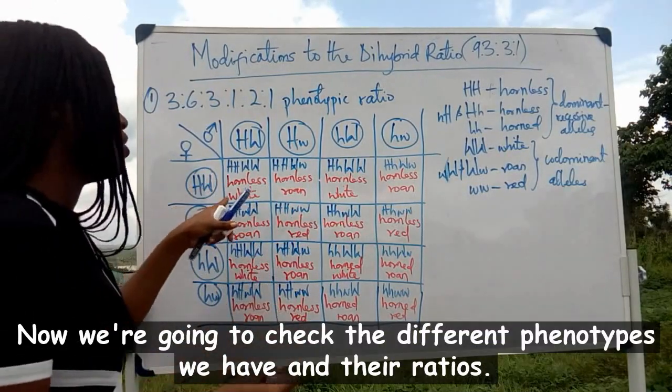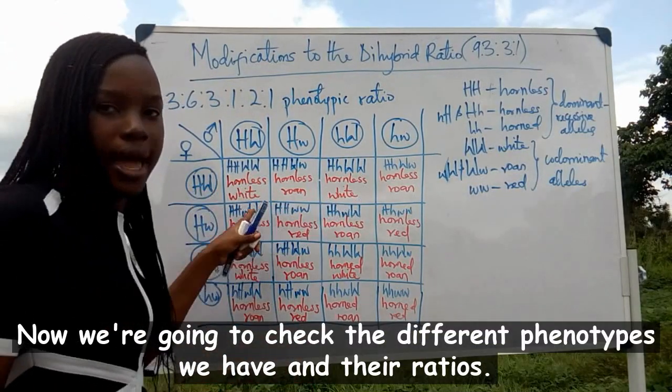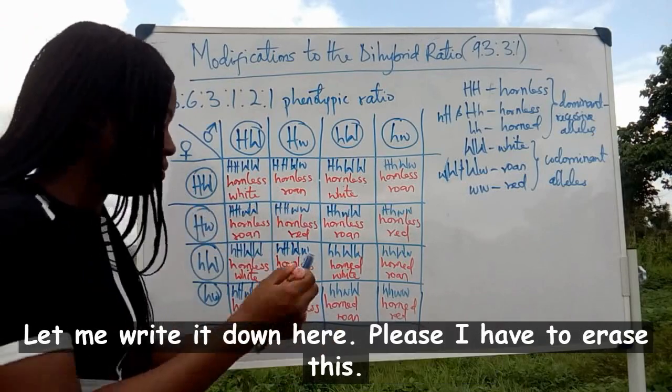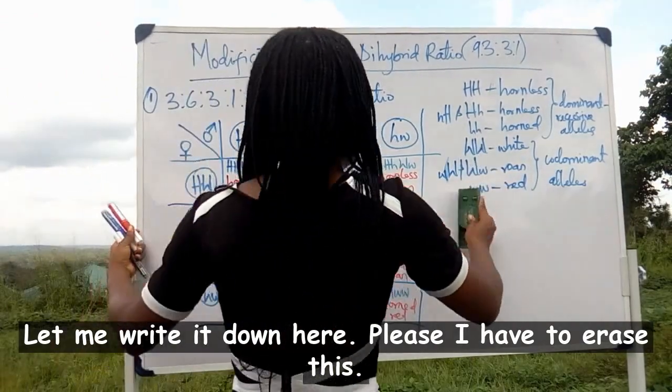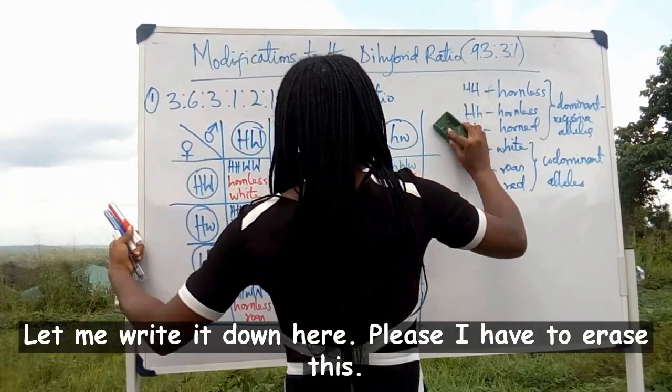Now we're going to check the different phenotypes we have and their ratios. So let me write it down here. Please, I have to erase this.